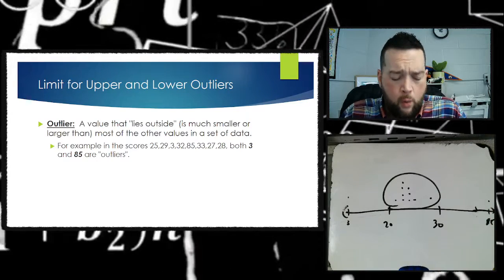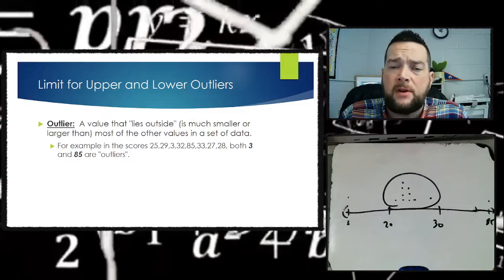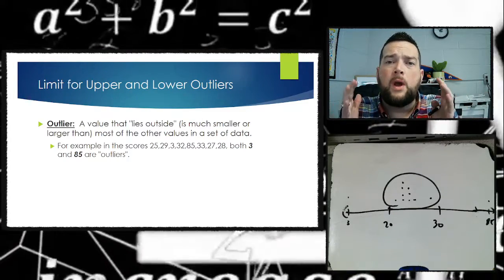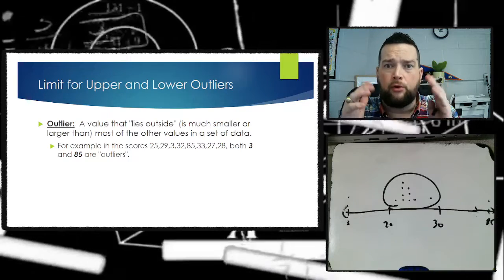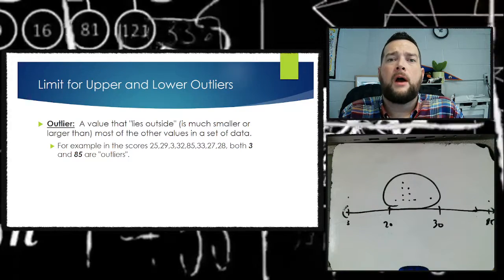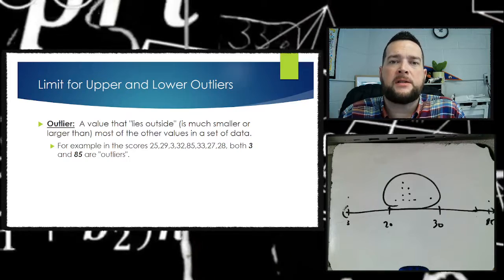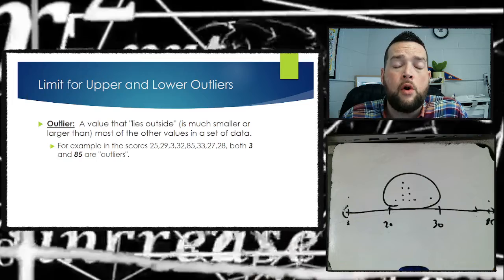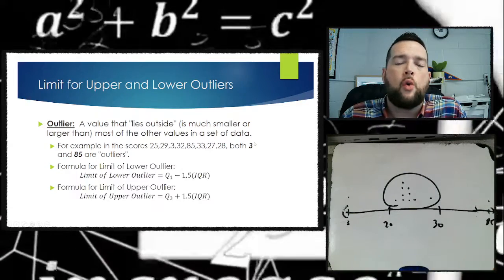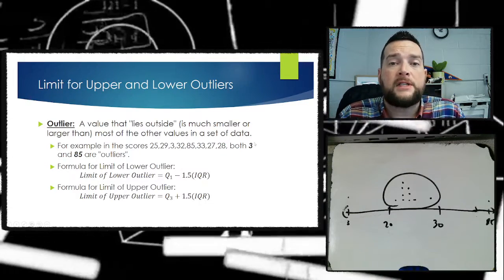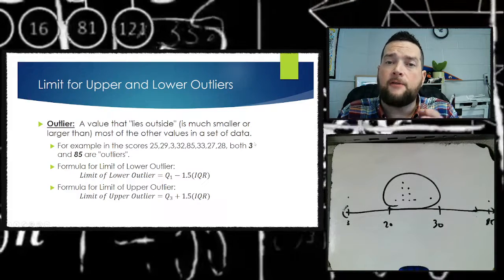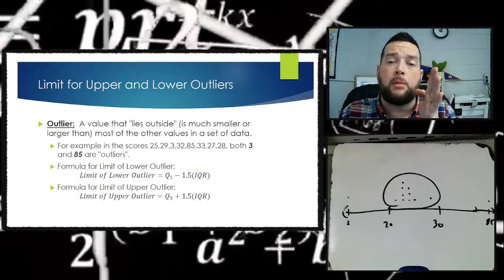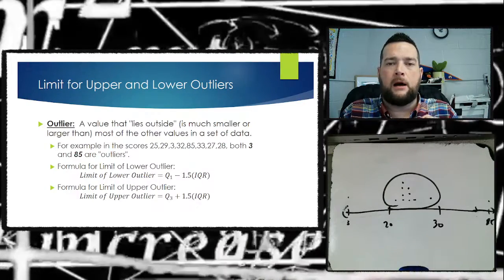In math, we don't like subjectivity. We don't like things to be maybe it is, maybe it isn't. We like to have actual proof, that these are for sure outliers because of this objective reason or fact. In order to find outliers, we have formulas telling us the limit for the lower: what's the number at the low end that anything below it would be considered an outlier?